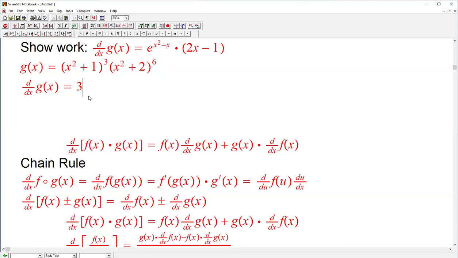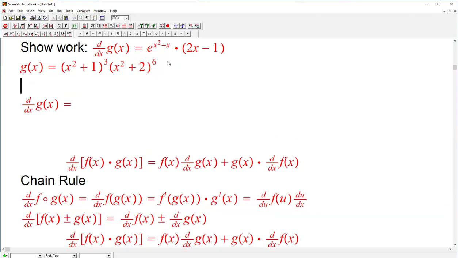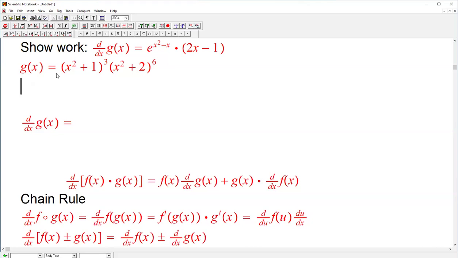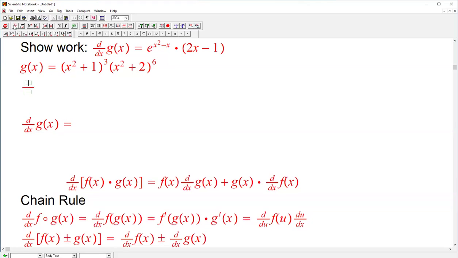Maybe we can separate it. First we're going to differentiate, though you can do it together if you wish. I'm going to differentiate this piece, and this can be viewed as the chain rule.